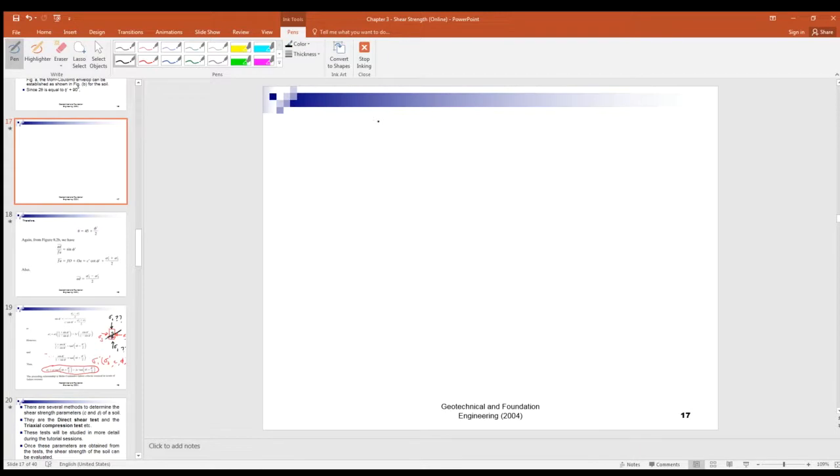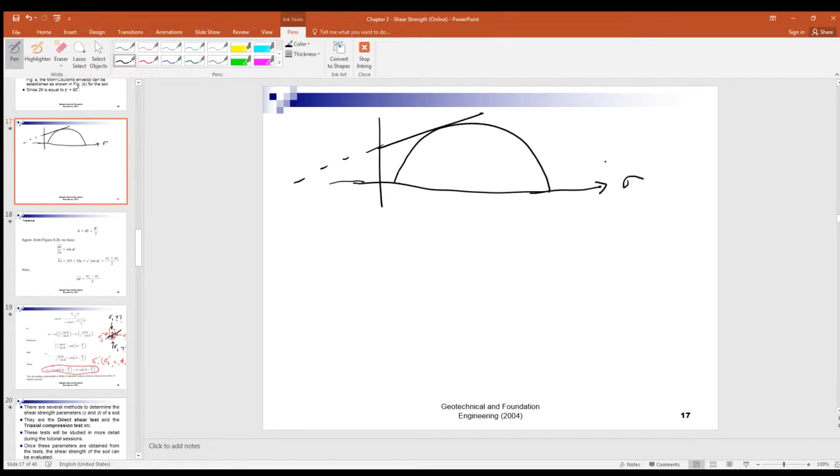Okay. Now that's R, the radius of the Mohr circle.